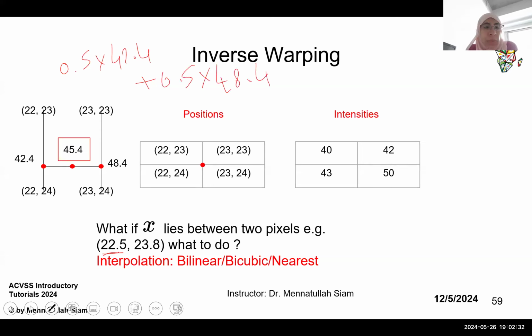This is because it's exactly 22.5, in the middle between these two. So 45.4 will be the resultant value after doing the bilinear interpolation.